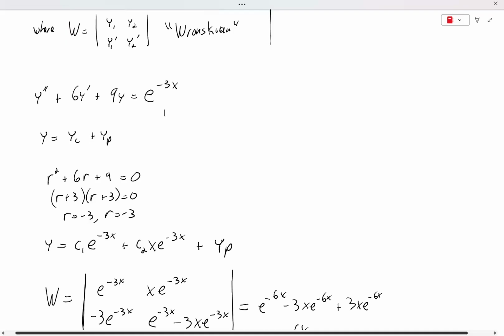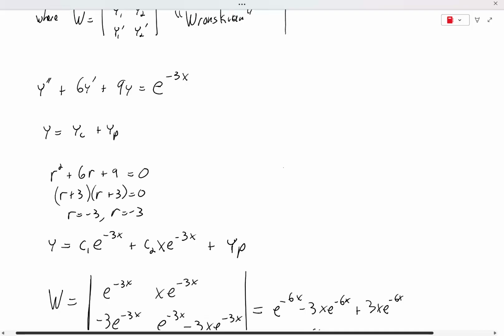Now that's interesting. If you did undetermined coefficients here, yp would have to look like this. You might start with a e to the negative 3x, but that won't work because that's going to be part of the homogeneous solution.